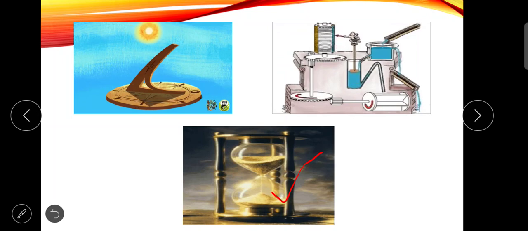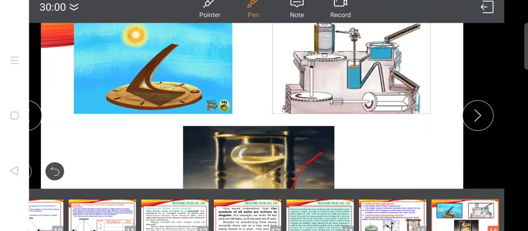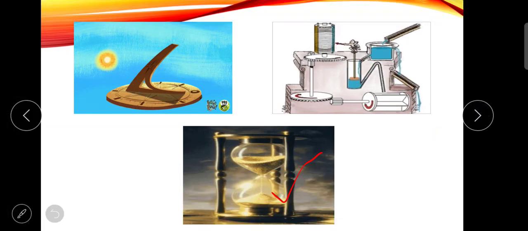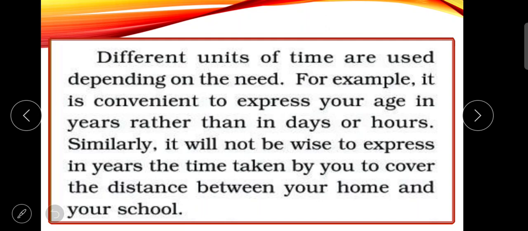Here are some examples you can see. Different units of time are actually used depending on the need. For example, we cannot express our age in meters or in seconds. We need to express it in the number of years or days. Similarly, it is not wise to express the time taken by you to complete one distance in years.